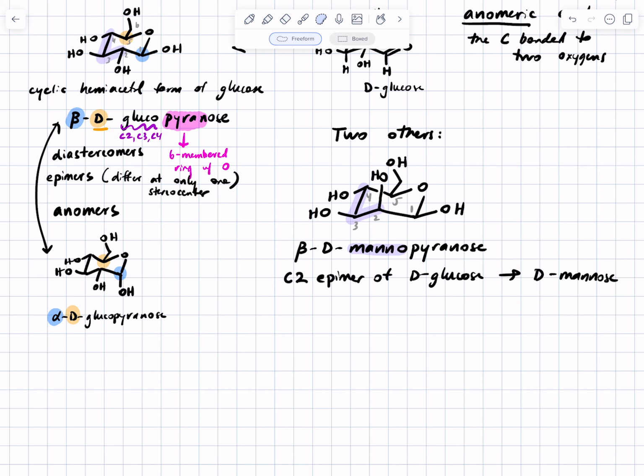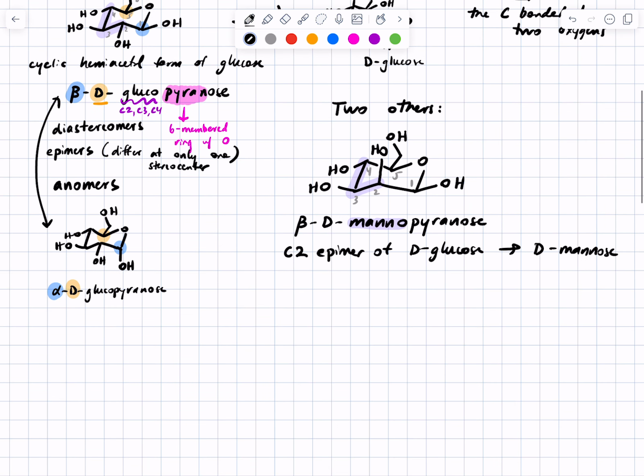Okay. The next one is galactose, which is the C4 epimer of D-glucose. It's named from the Greek word for milk, same thing as the name galaxy, which sort of refers to the Milky Way. Galactose is a component of the sugar lactose that's found in milk and dairy.